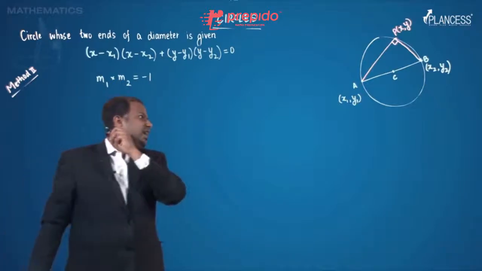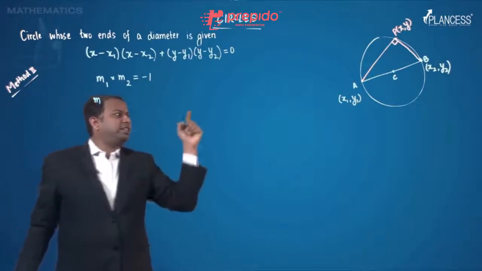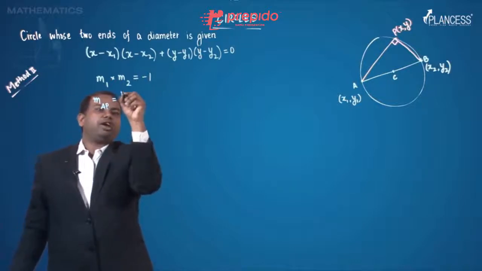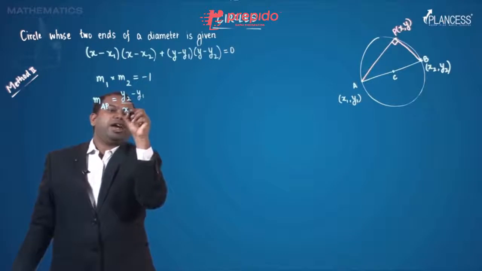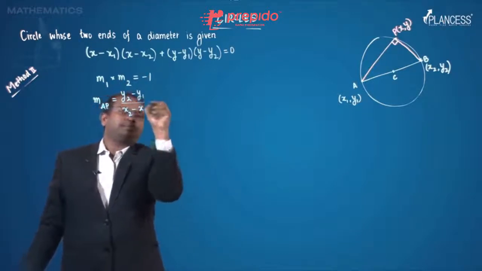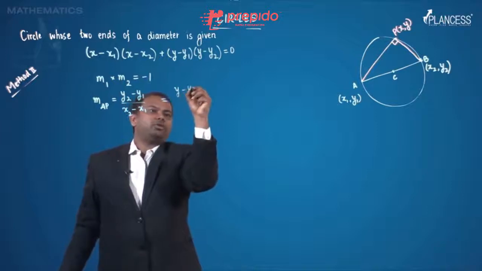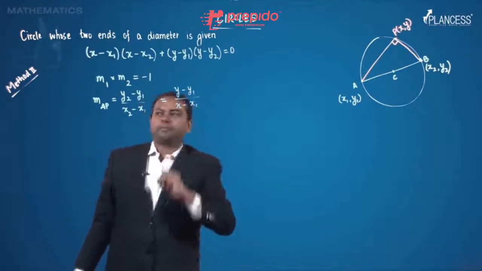Now in this case, let us say our line 1 is AP. The slope of the line AP can be calculated by using the formula y2 minus y1 by x2 minus x1, which will be y minus y1 upon x minus x1.